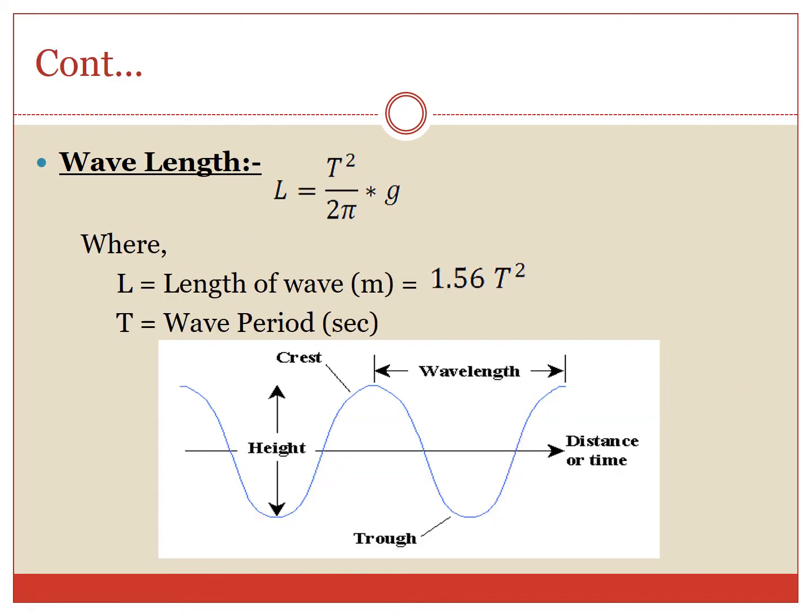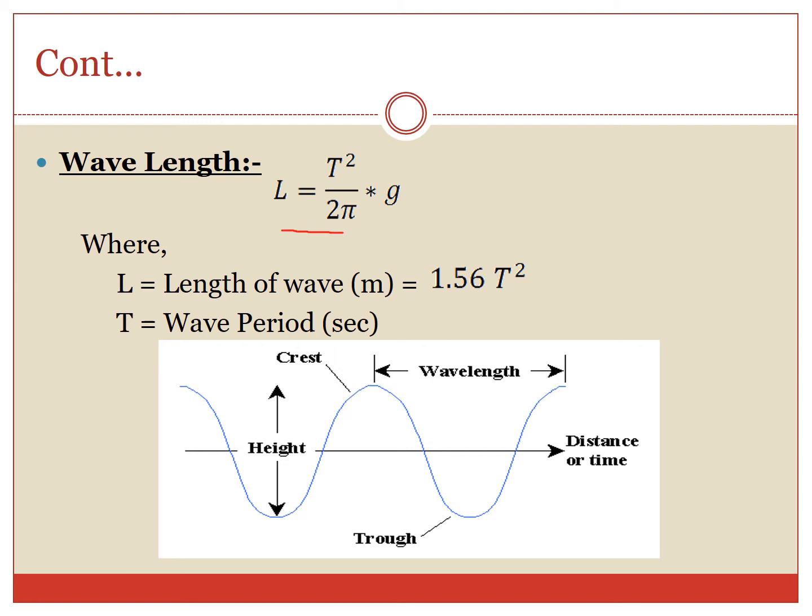Next we denote the wavelength. The length of a wave, which is the distance between the consecutive crests of a wave, can be expressed by Airy's formula. What is the formula?